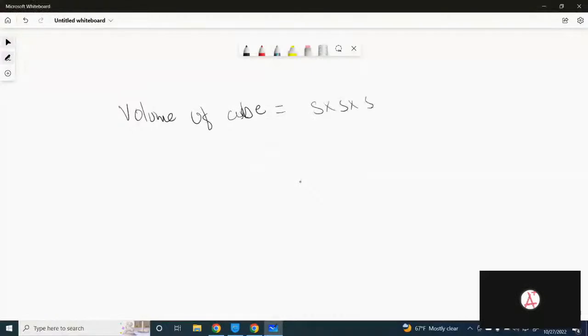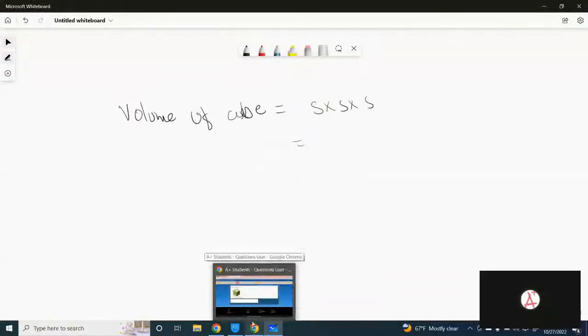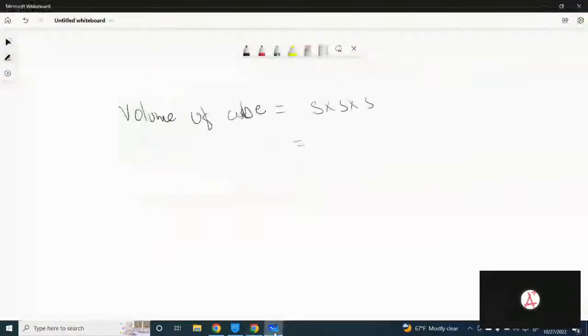All the side lengths are 4, I think. Let me just confirm. Yes, they are 4, 4 and 4. Just multiply all the sides. So 4 times 4 is 16 and 16 times 4 is 64 cubic meter. Got it? Just select the correct option and move on to the next question.